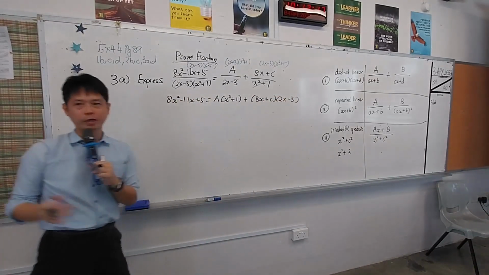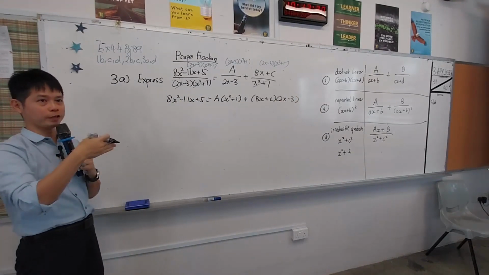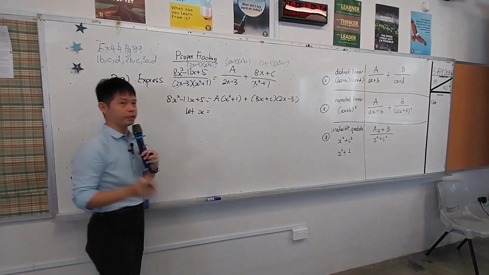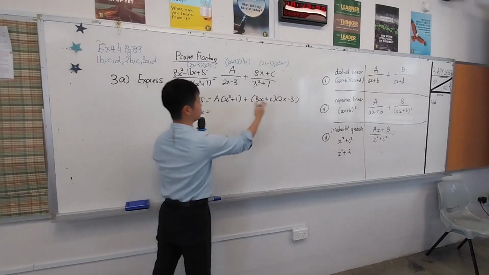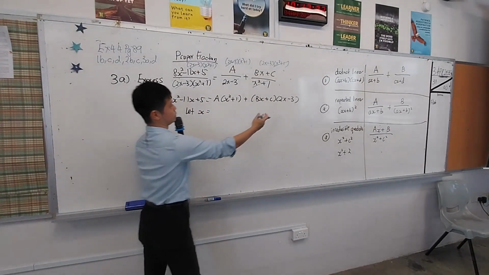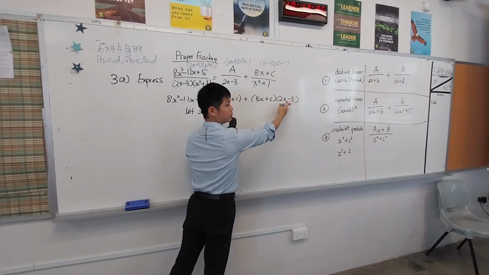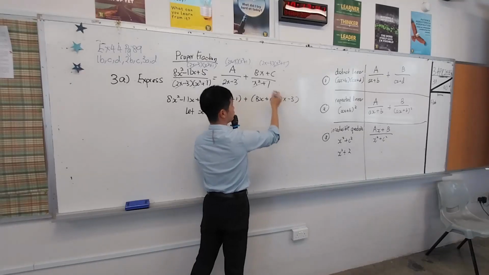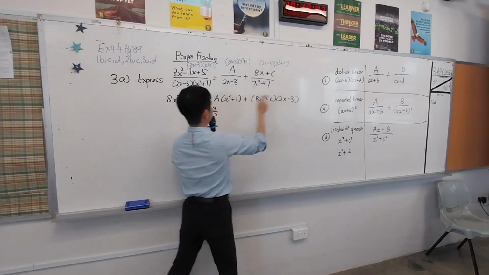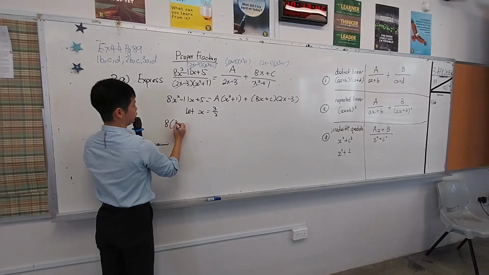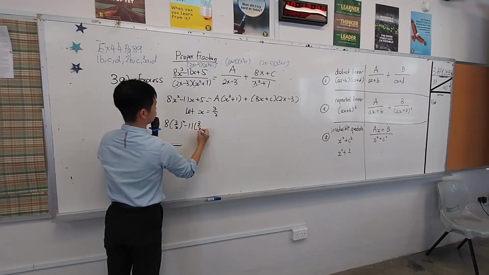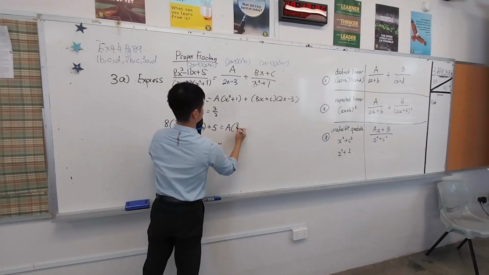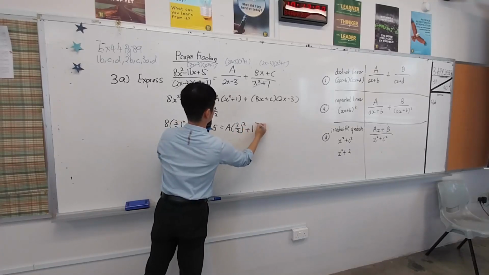Okay, so today I'm going to share with you 3 methods of solving this. The first method is very straightforward. You let x be a value such that some of the variables will disappear. So if we let x be 3 over 2 here, then you will realize that this term will become 0, and you are just left with 8 times 3 over 2 squared minus 11 times 3 over 2 plus 5 equals, so sub in 3 over 2 on the right.